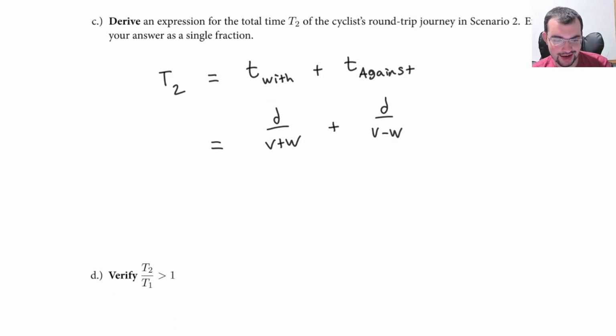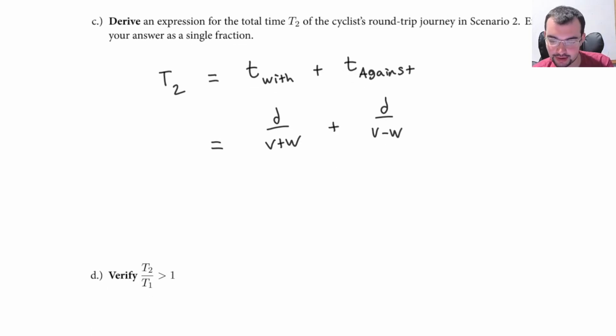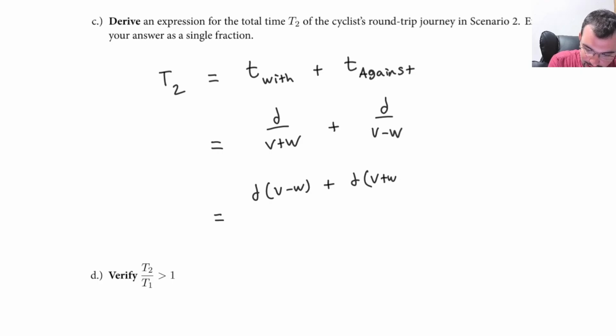Technically this is a correct response, but I'm actually saying write this as a single fraction for something we're going to do later. So what does that mean, single fraction? Well, we've got to get a common denominator. So the first fraction needs the negative, the second fraction needs the positive, and then we just combine here.